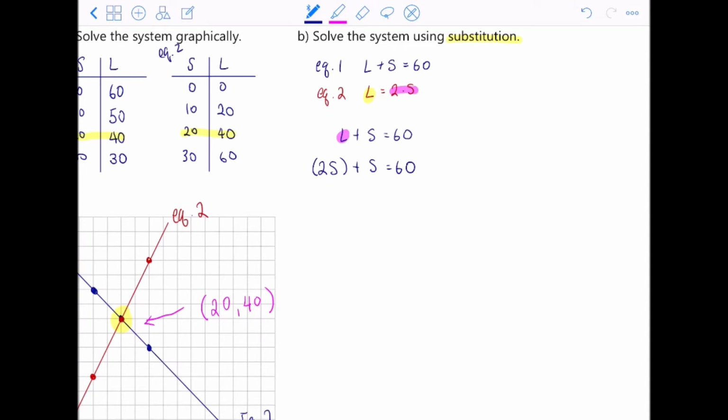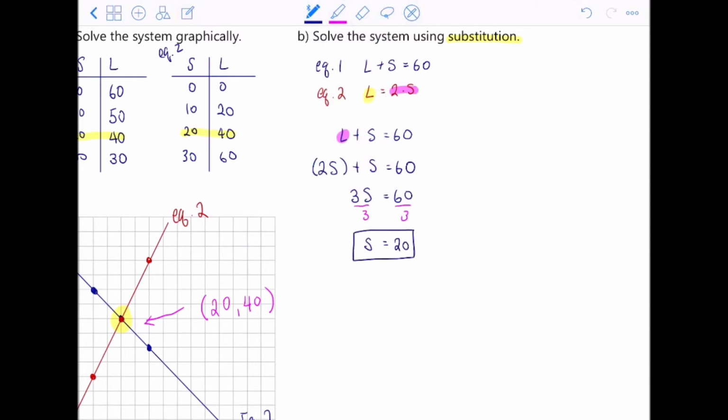Now you collect the like terms. We did this in the polynomial unit: whatever common variable you see here, you just collect the coefficients together. So it'd be 3S equals 60. Divide both sides by 3 to isolate S. You get S equals 20.